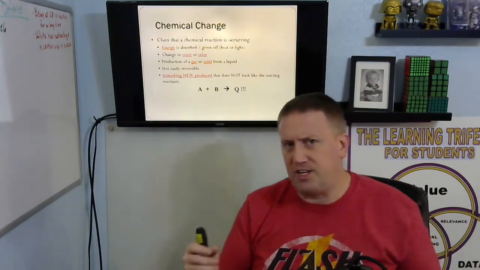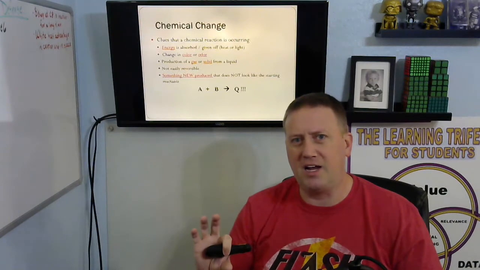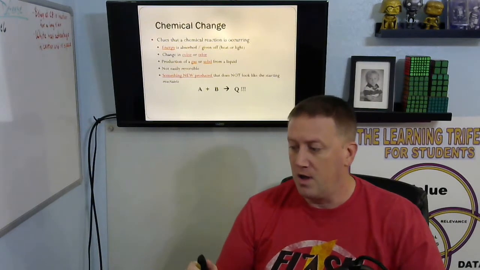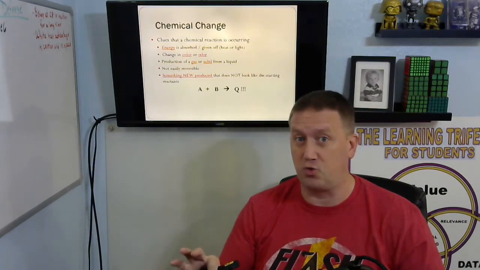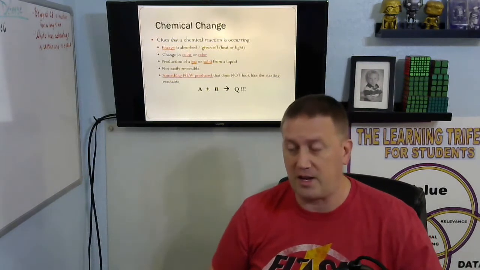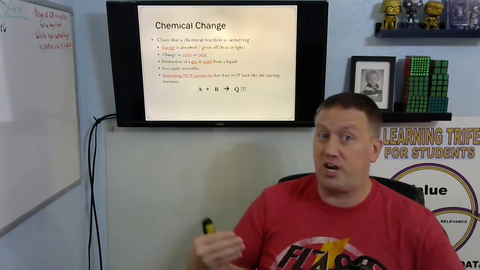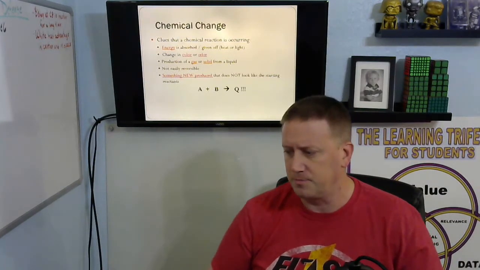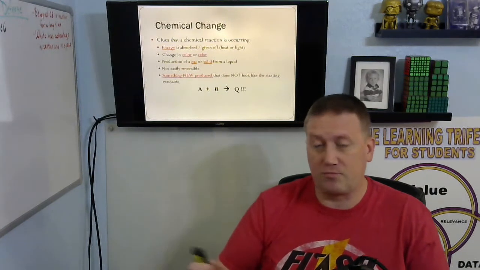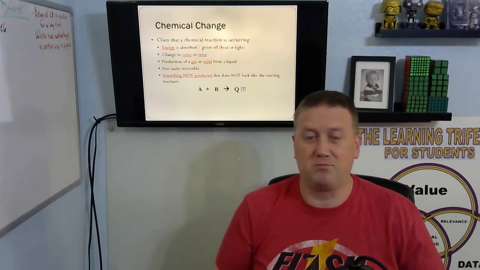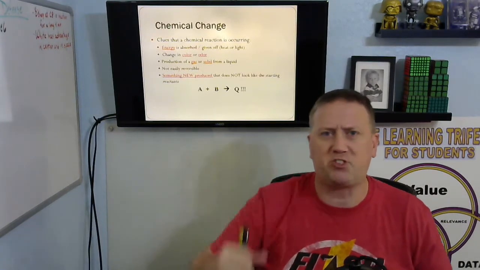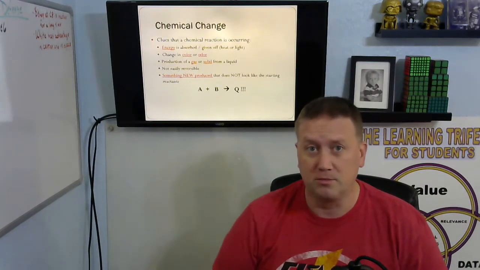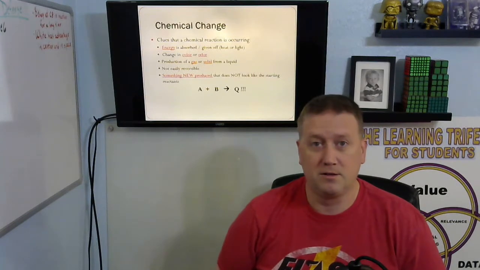There are some signs of a chemical change that has occurred. Those include energy being absorbed or released through the chemical reaction. There may be a change in color or a change in odor, the smell of the substance. With that one, think about if you take a piece of fruit and just sit it outside in the middle of summer. What's going to happen to it?